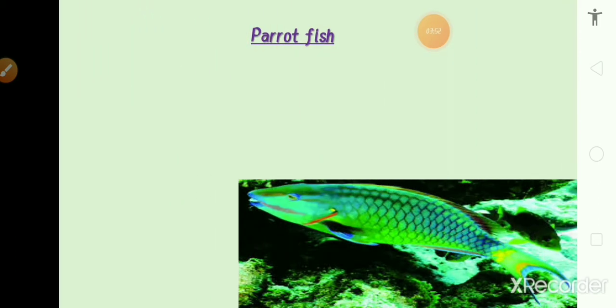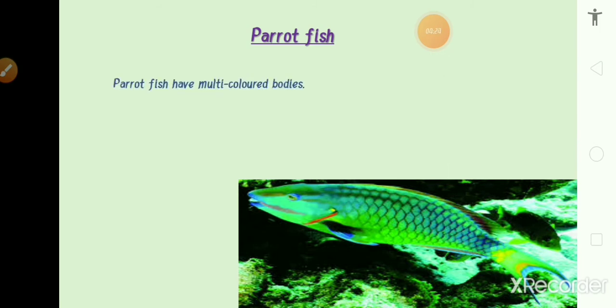So children, here you can see a picture of a fish. Its color is very vibrant, and its name is parrotfish. As a parrot has very vibrant colors, green, blue, red, the same as this fish also has, so its name is parrotfish.